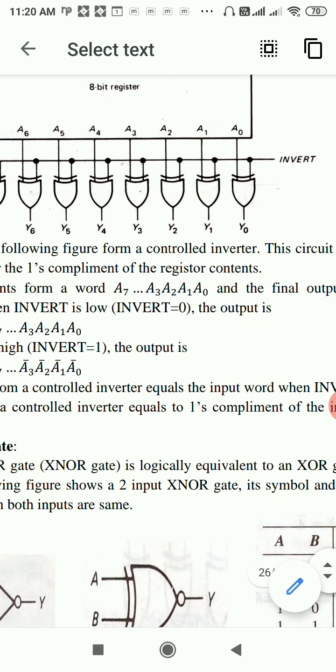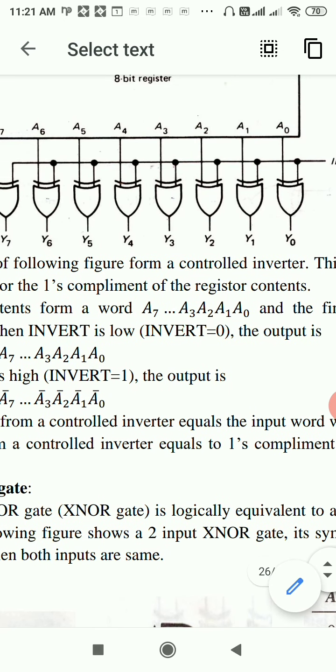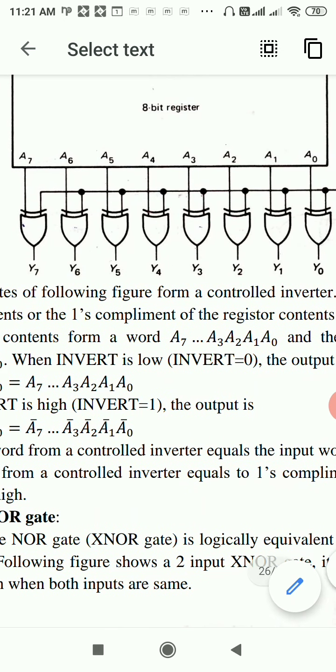Now if invert is 0, output Y0 will be equal to A0, output Y1 will be equal to A1, Y2 will be equal to A2, and the output of this circuit produces the same word.